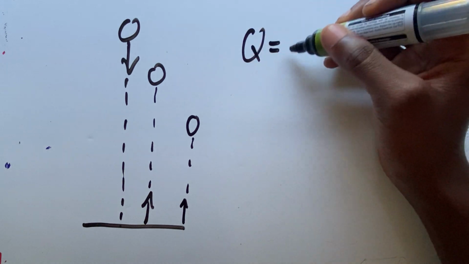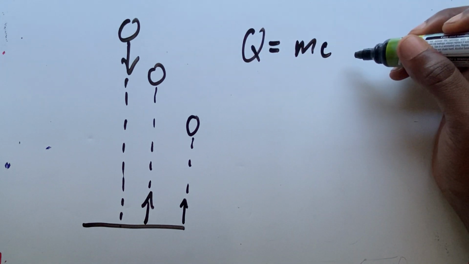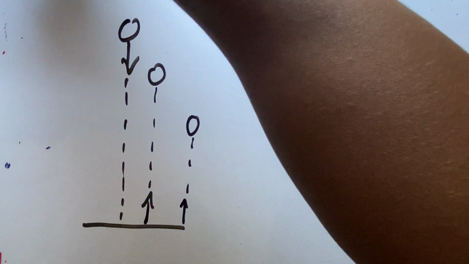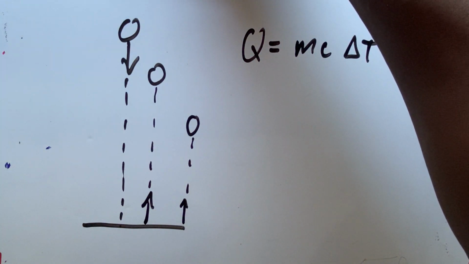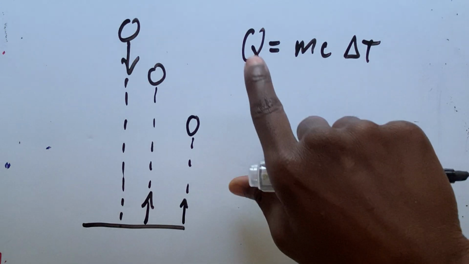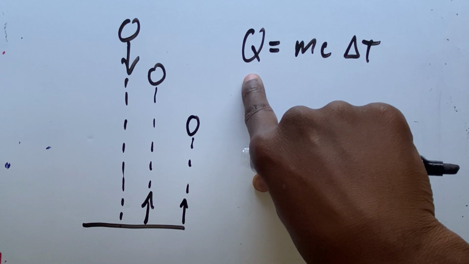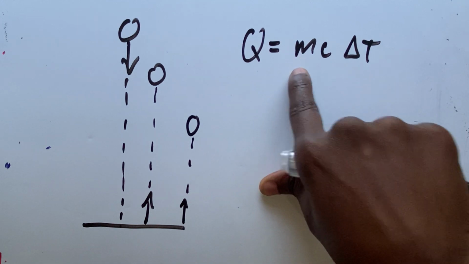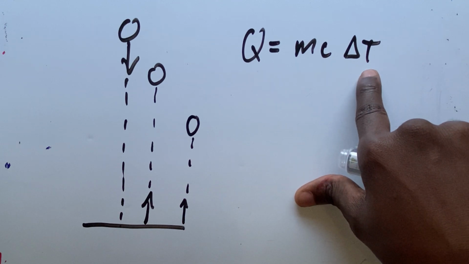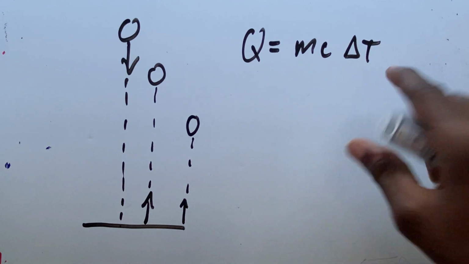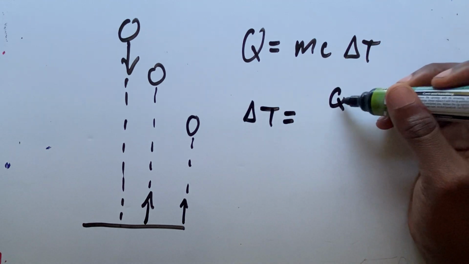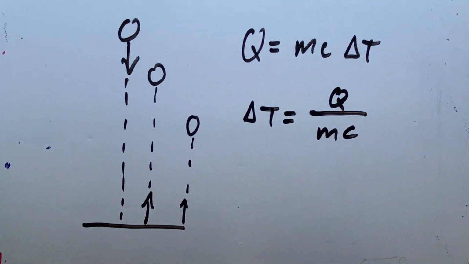And we're gonna use this one, delta T. All right, so this is gonna be the heat generated, the mass, specific heat, and the change in temperature. We're trying to find that change in temperature, so let me rewrite this equation this way, divided by MC.